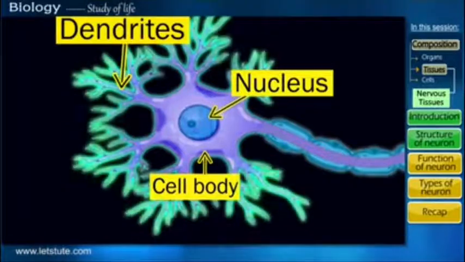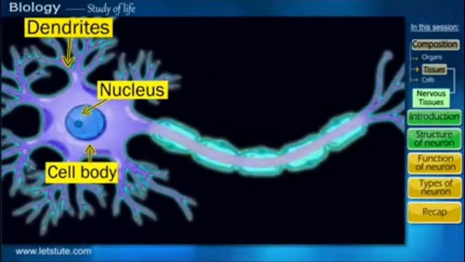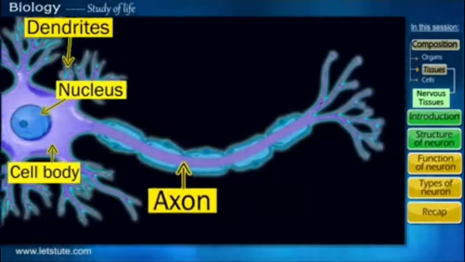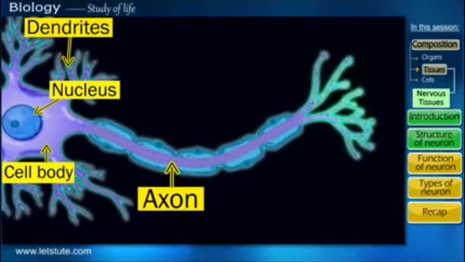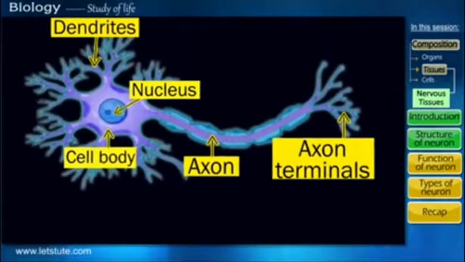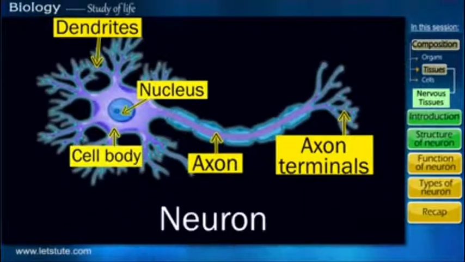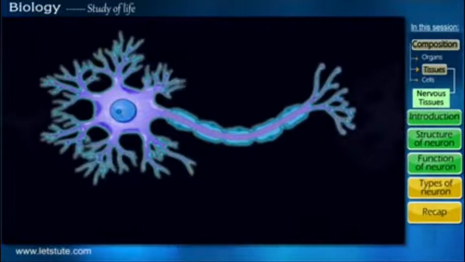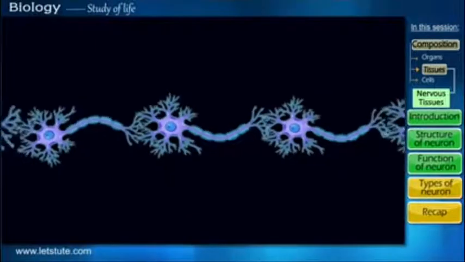There is an elongated dendrite called the axon, with a covering on both sides called the myelin sheath, and nerve endings called axon terminals. So this is the structure of a cell called a neuron or nerve cell, which will pass the impulses to and from the brain.